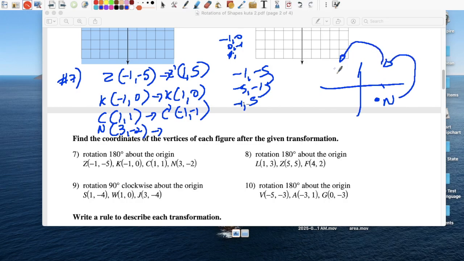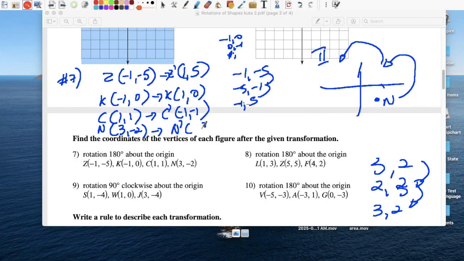So it's going to land in quadrant 2. If you switch 3 and 2, you get (2, 3), and then it's going to switch to (3, 2) again. You switch twice because it's 180. So it's still (3, 2). So N prime is going to be (3, 2), but because it lands in quadrant 2, the first number is negative. And that's how you would do number 7.